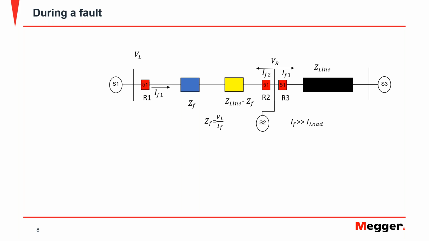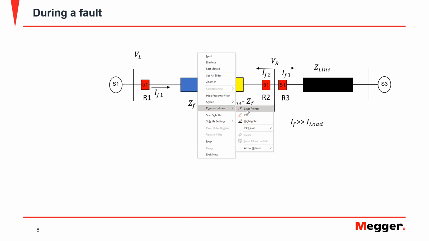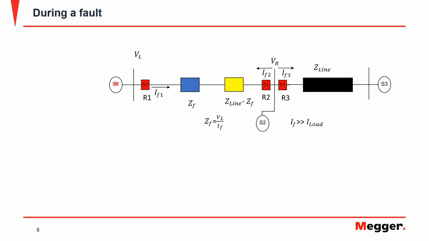I have here a simple system with 3 sources, a couple of lines, and I have chosen the regular circulation of currents in the system as currents here on S1.